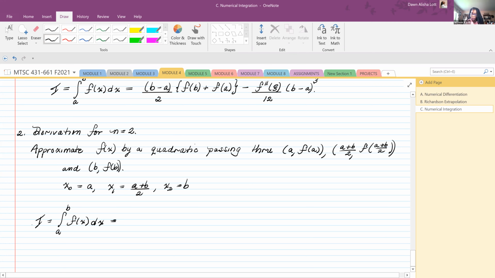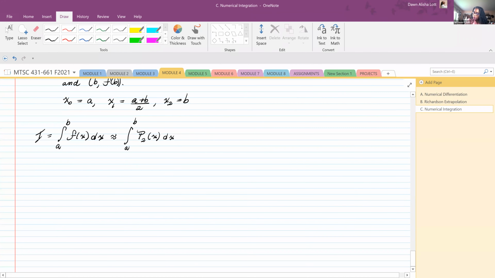But now we're approximating this by the integral from a to b of the polynomial p2 of x. Now we already know what that looks like. We've actually figured out what that polynomial is.